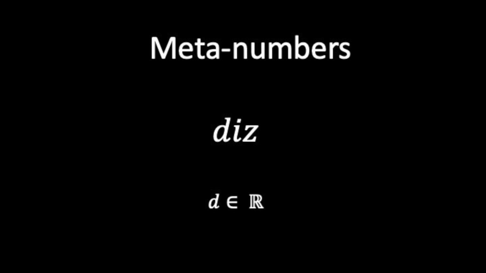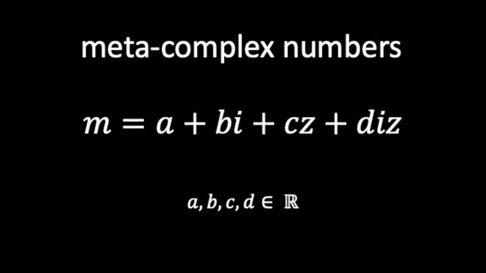This way we can further extend our number sets with a set of meta-complex numbers. Those are numbers m of the form a plus bi plus cz plus diz, where a, b, c, and d are real numbers.